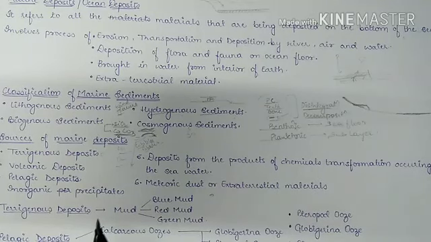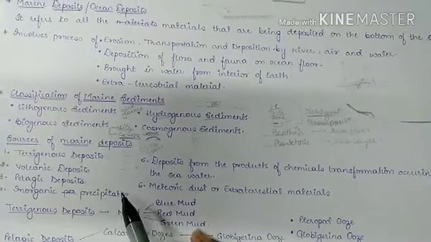Okay, and after the death the skeletal remains are broken down into small particles by the action of waves, and they are converted into sand and silt. Okay, and these are rich in calcium carbonate, so these also contribute to organic and carbonic deposits.